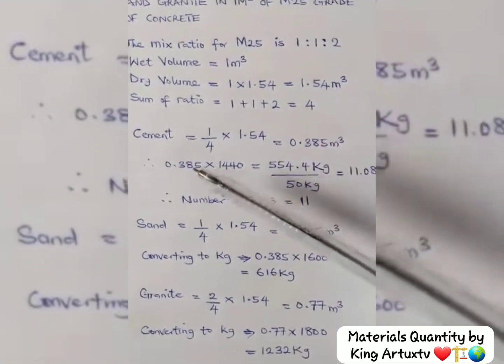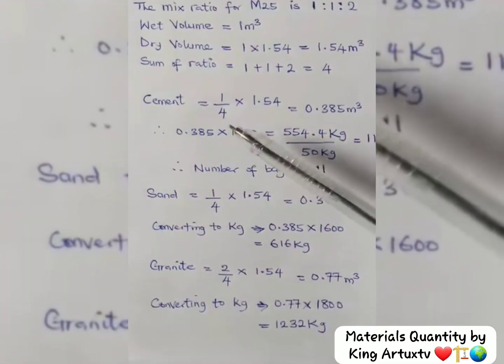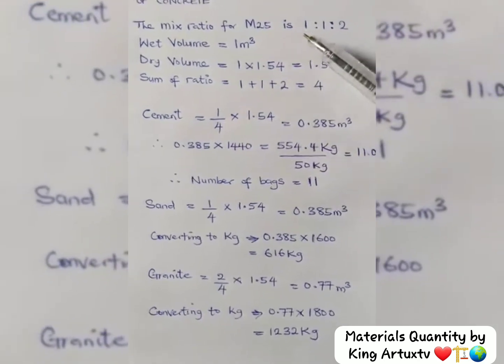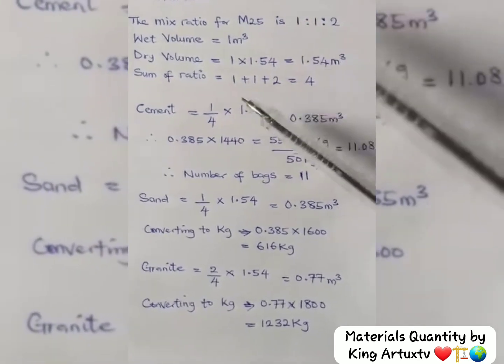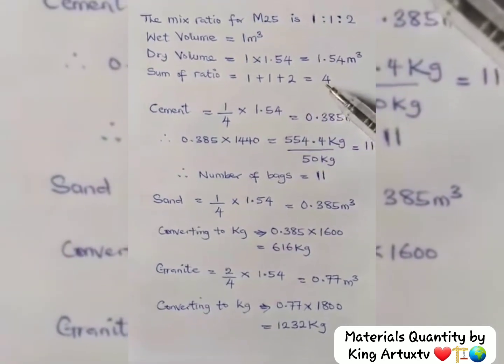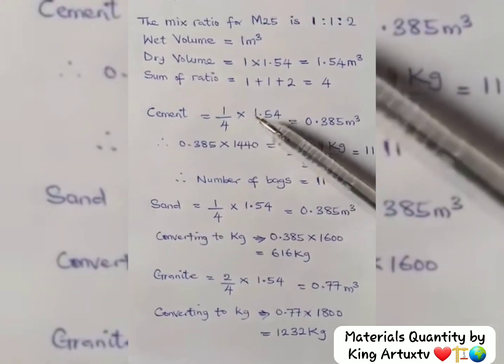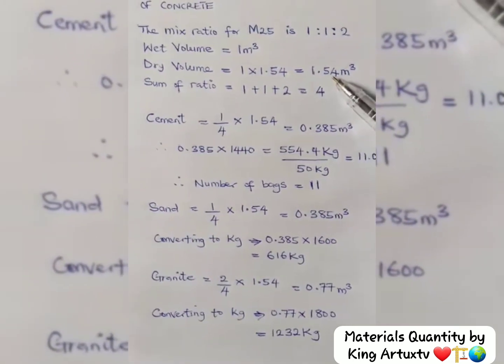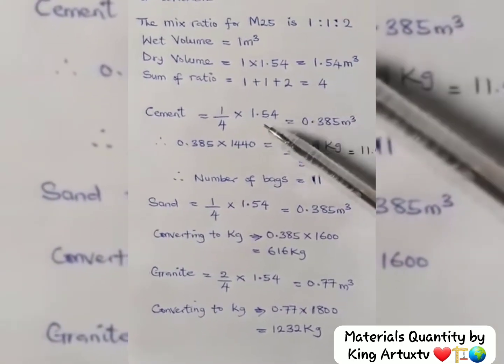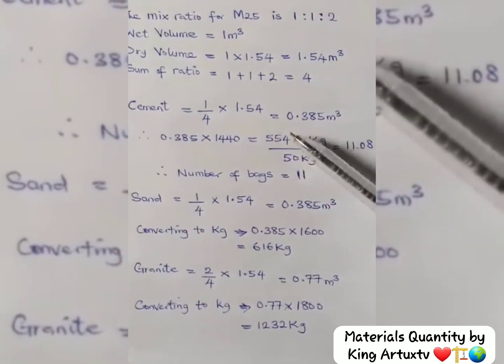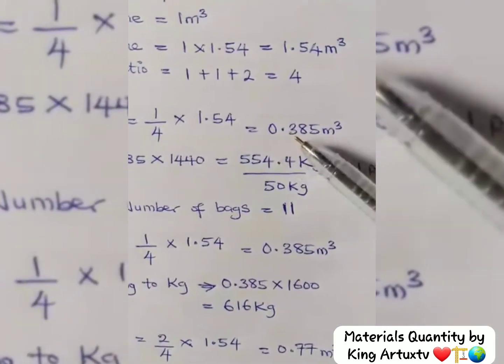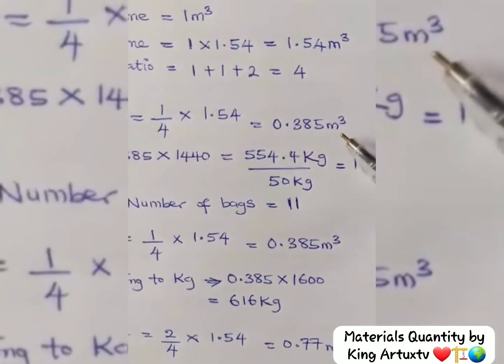Then you calculate for cement. Cement: you say 1 divided by the sum of ratio, which is 4, times the dry volume, which is 1.54. It will give you 0.385 cubic meter.